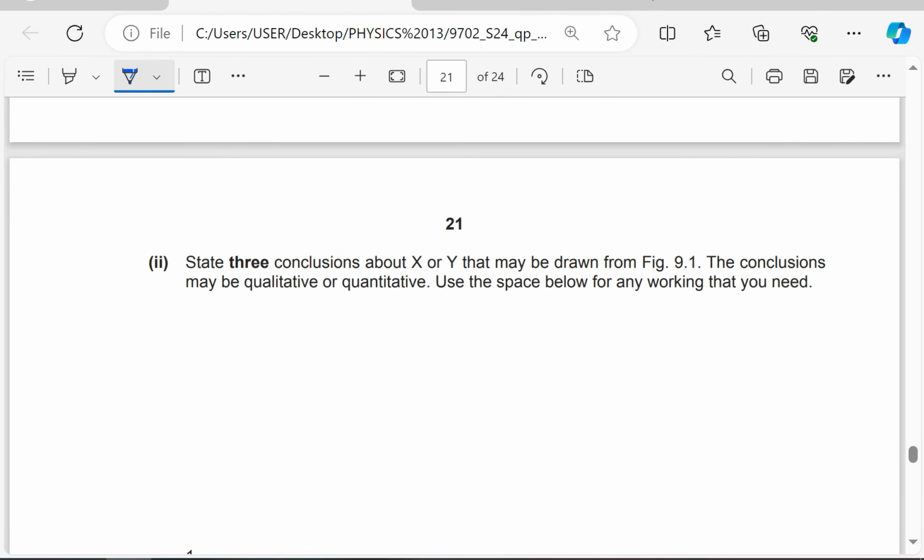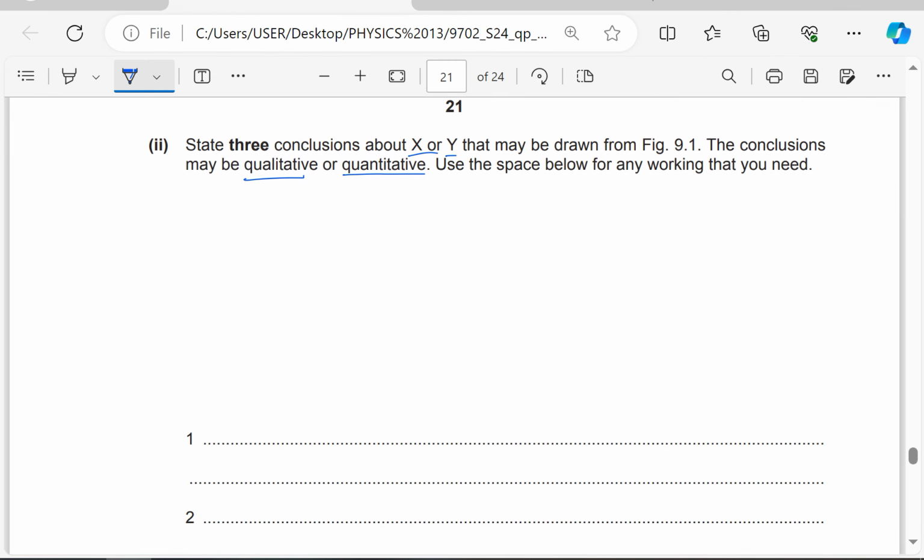Then state 3 conclusions about X or Y that may be drawn from the figure. The conclusions may be qualitative, that means you can give a number, or quantitative, just an explanation. Use the space below for any working.